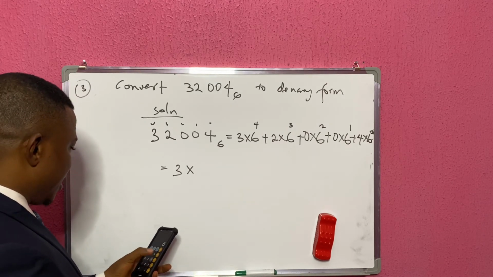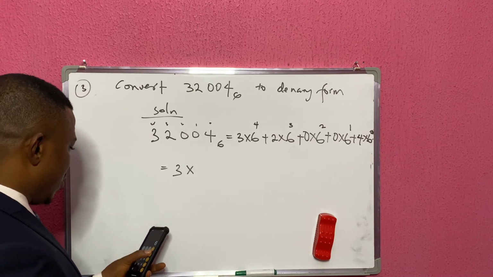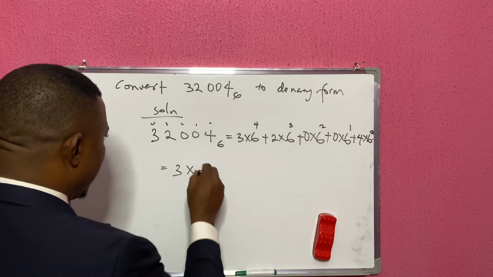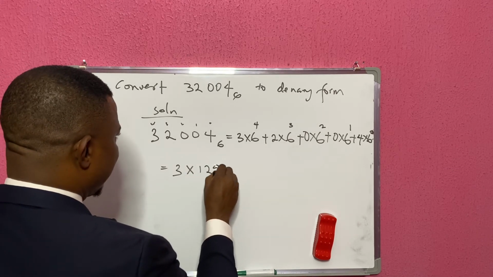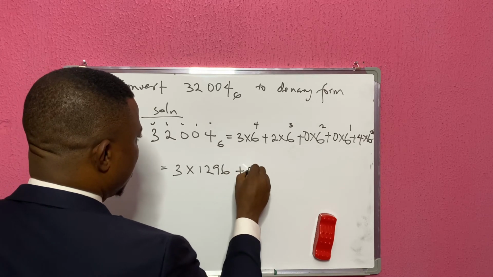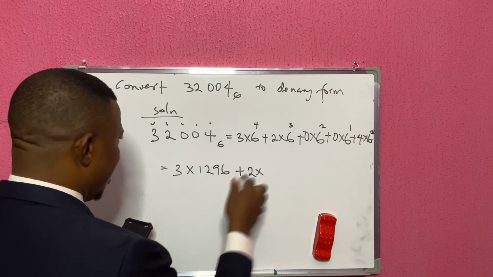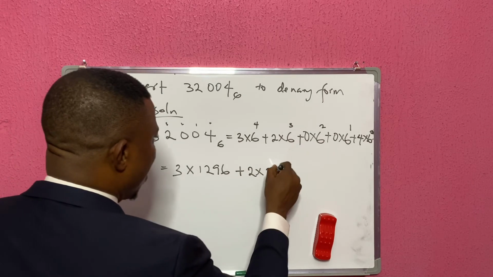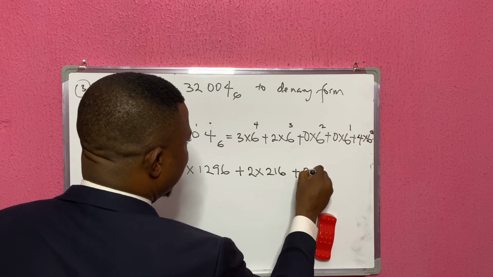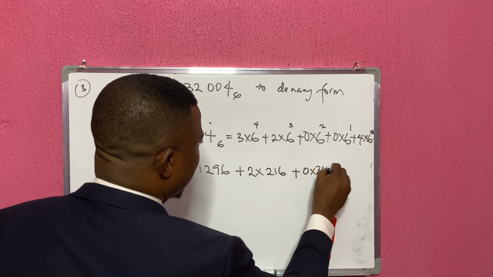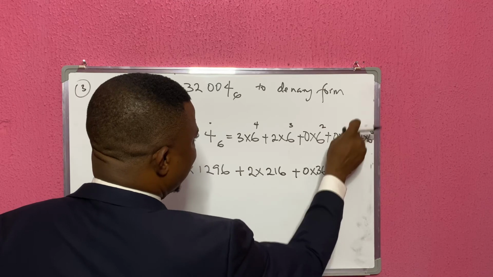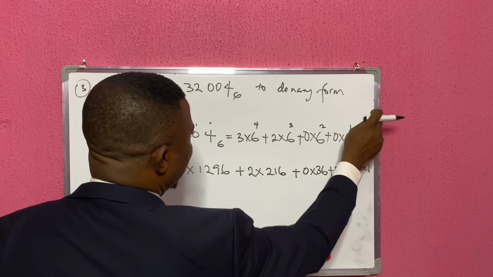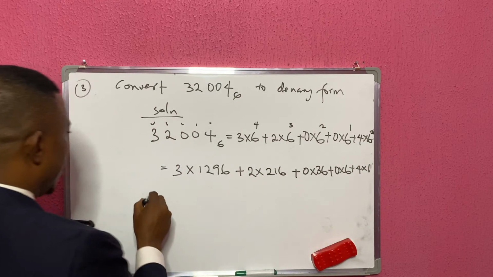Let's get it. 6 multiplied by 6 multiplied by 6 multiplied by 6 will give us 1,296, plus 2 multiplied by 6 power 3, is 2, 6 times 6 times 6, 216, plus 0 times 6 times 6, 36, plus 0 times 6 because this is power 1, plus 4 times 1 because anything raised to power 0 is 1.